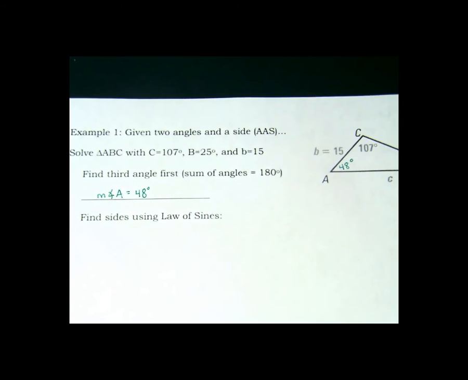I'm having a problem making it so you can see it today. Alright, so next it says find the sides using the law of sines. We need to find A and we need to find C. I'm just going to go in alphabetical order. You're going to find A first.